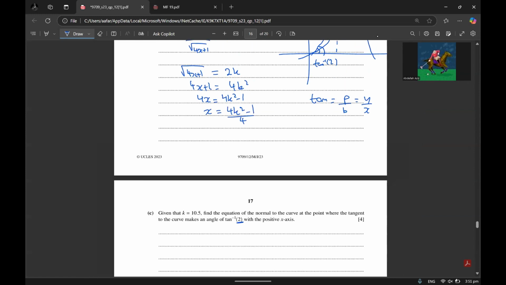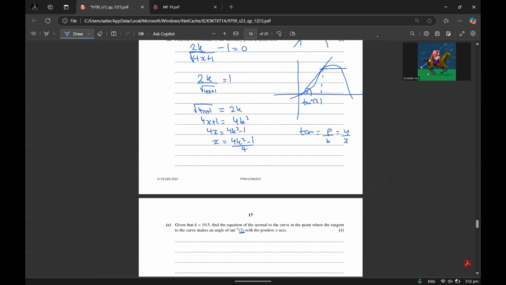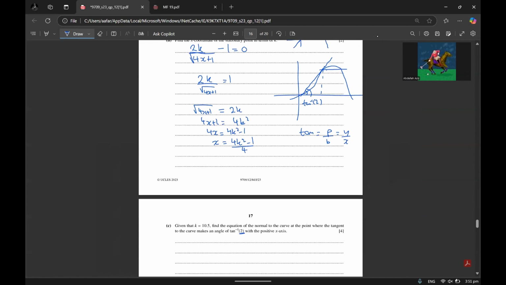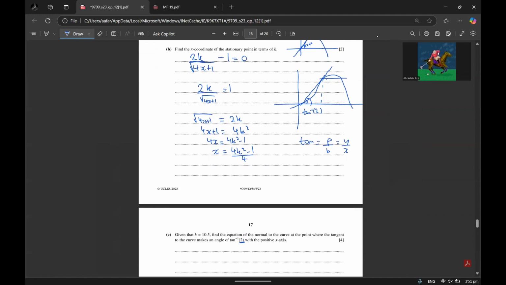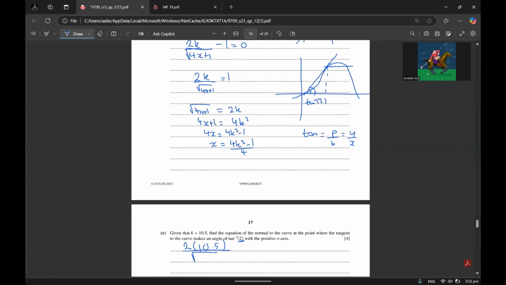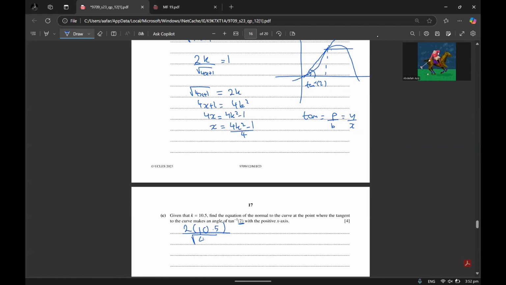So what we do is we say that 2, we substitute k with 10.5 over under root, because we need to find the x value, and we know it's tangent.